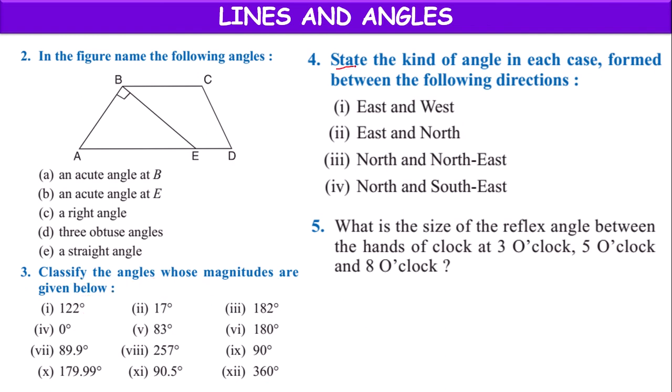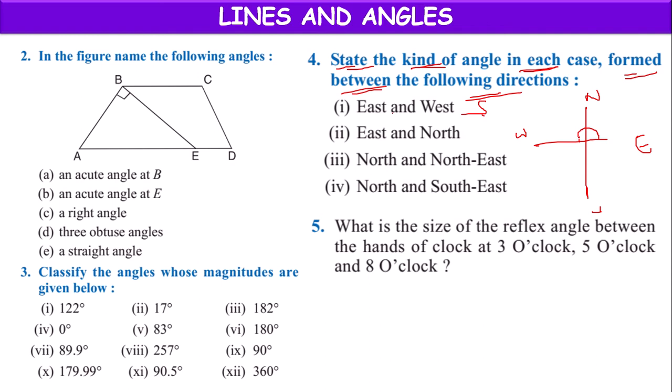Next, state the kind of angle in each case formed between the following directions: east and west. So this is north, south, east, west. Between east and west, 180 degrees, straight angle.